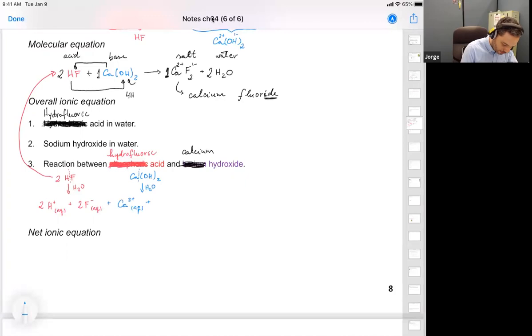And very careful here, this index 2 in the formula means that we are going to produce 2 hydroxyl ions in water, okay? So the index 2, when you dissolve the base in water, becomes the stoichiometric coefficient.